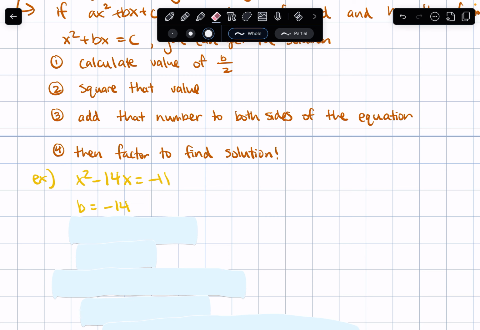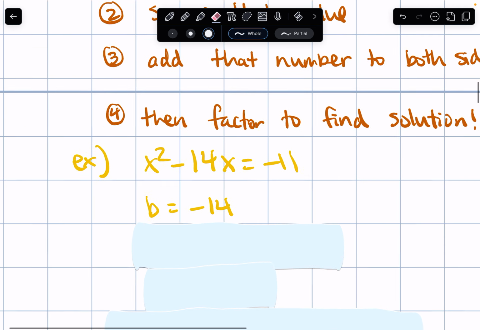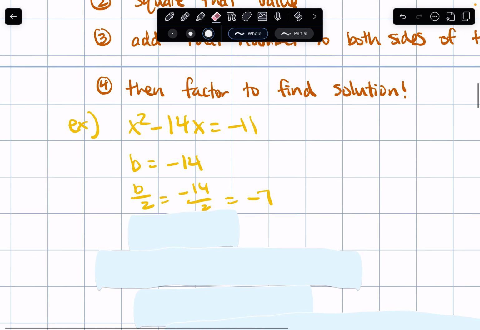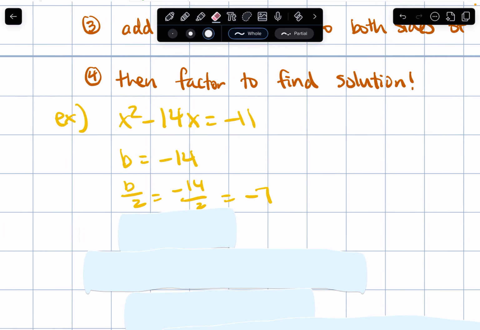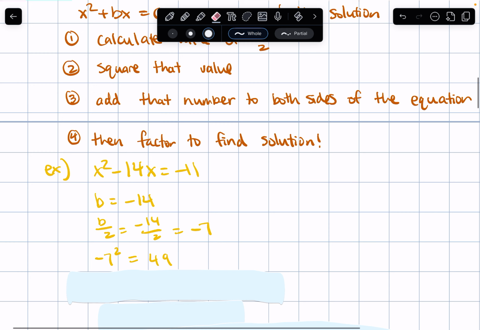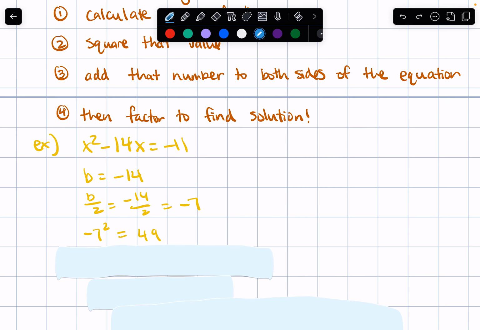So an example, if we get x squared minus 14x equals negative 11, we find that the b value is negative 14 because that's the number in front of the x. Then we're going to divide by 2, so negative 14 over 2 is equal to negative 7. And then based on rule number 2, you're going to square that value, which gets us 49.